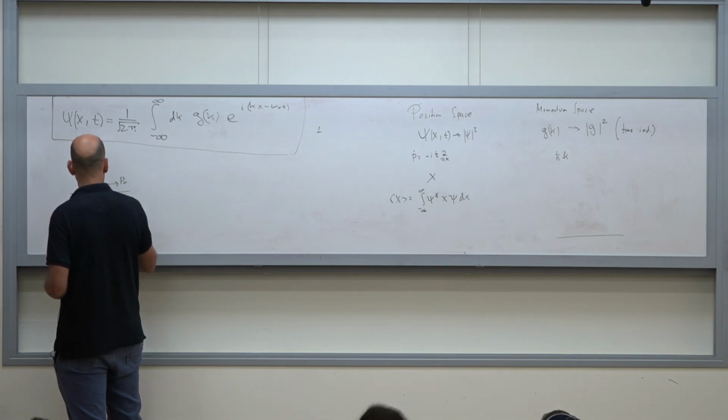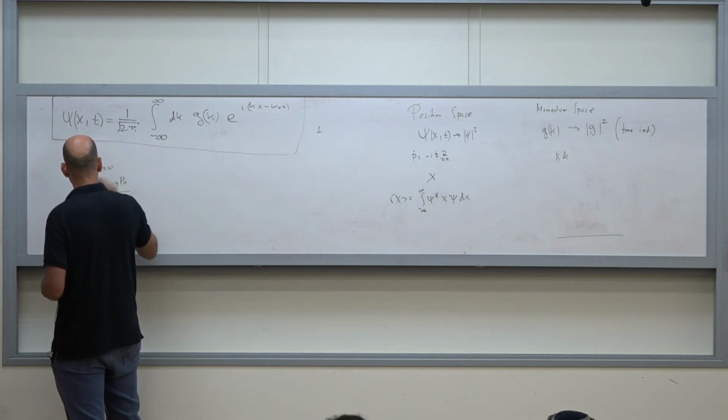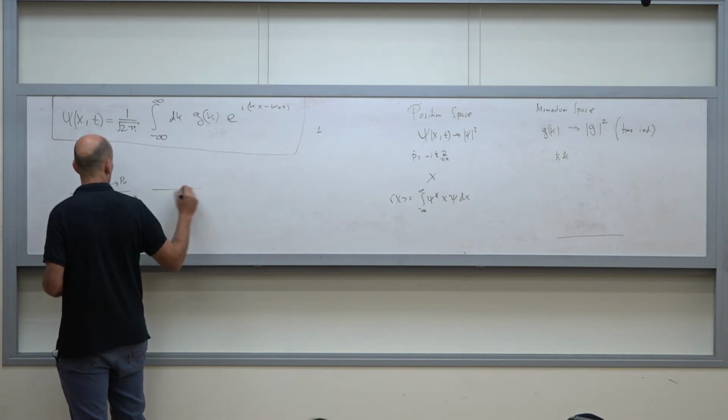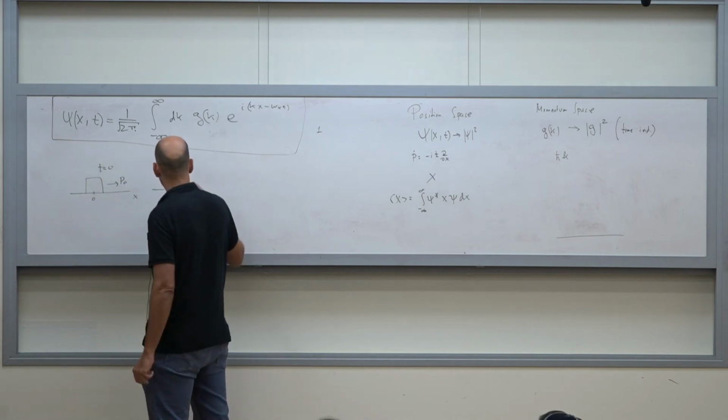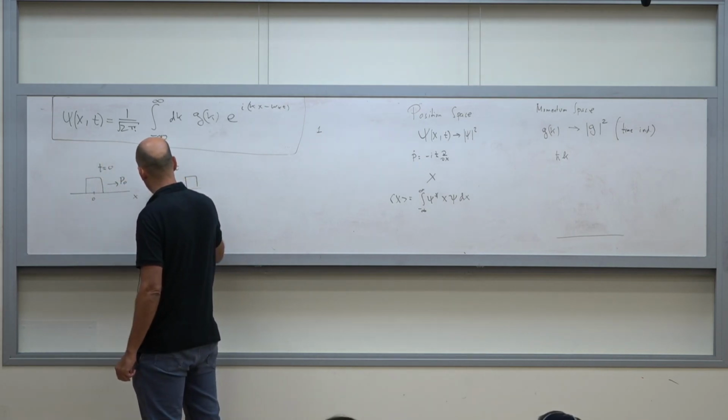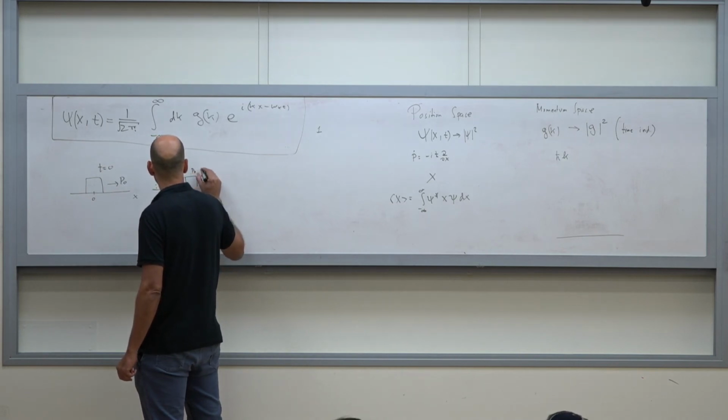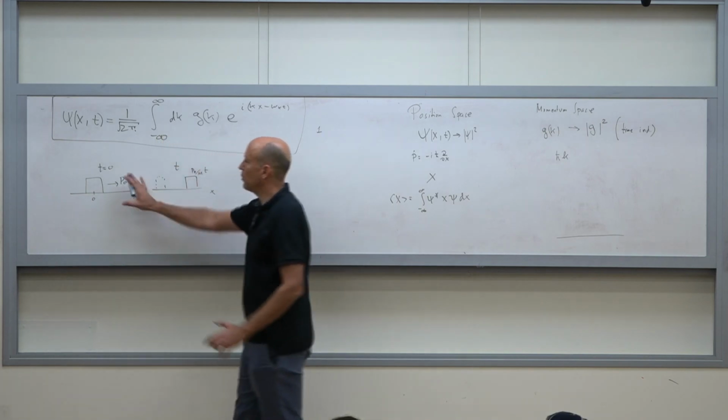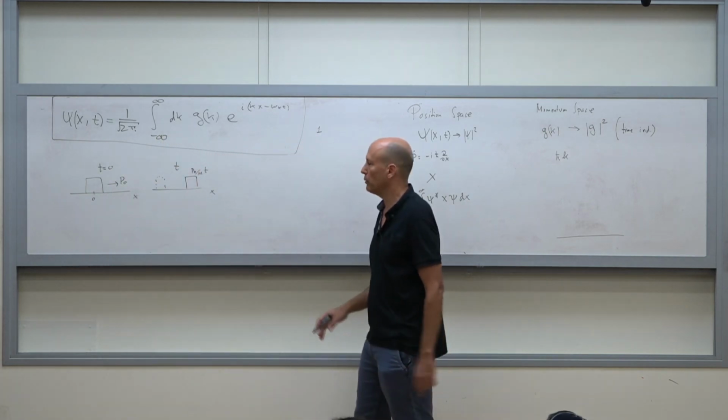This is at time t0, this is position 0. Well, you know what will happen if I come at a later time t, it will just move. It was here, and now it is p0 over m times t. And the momentum is conserved and it will move forever.